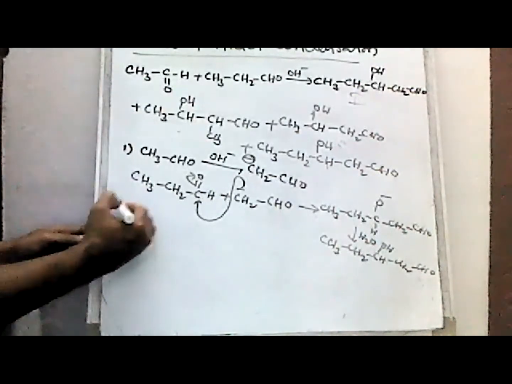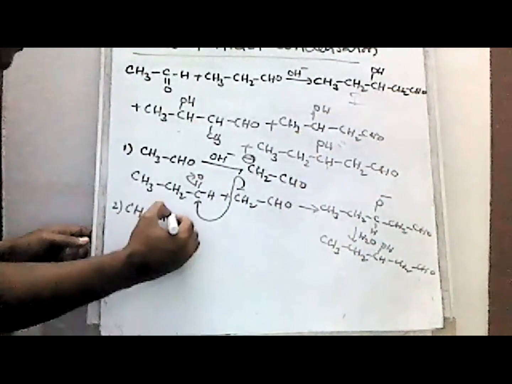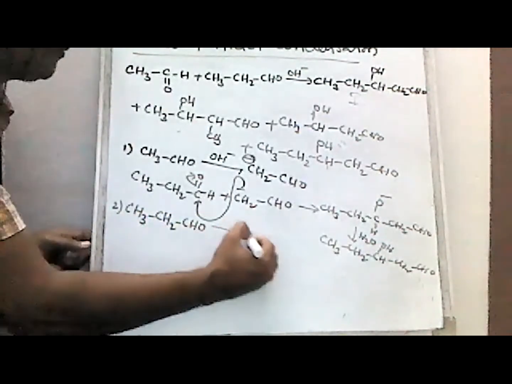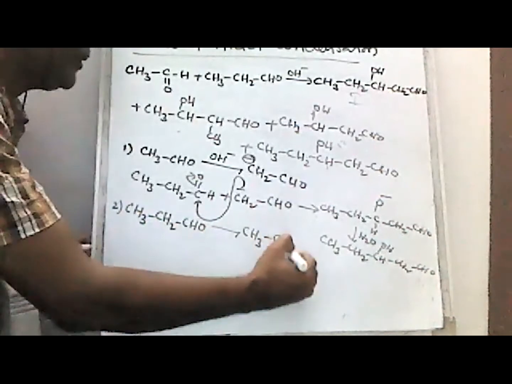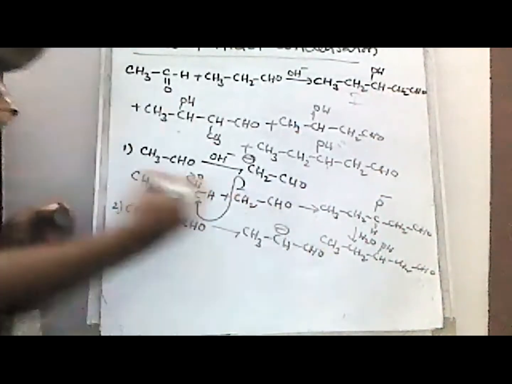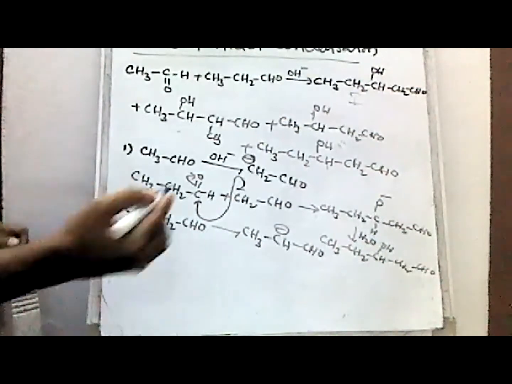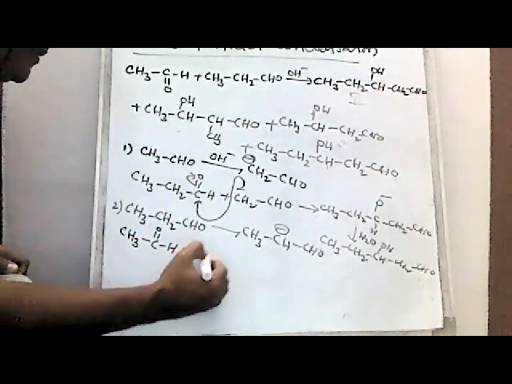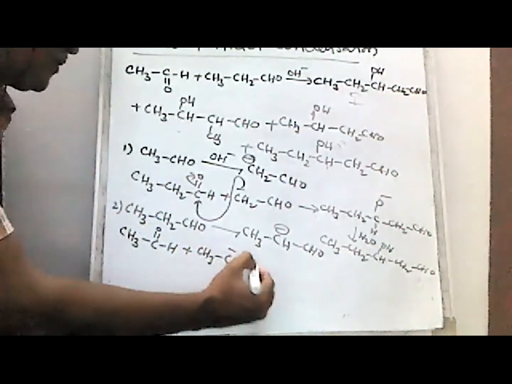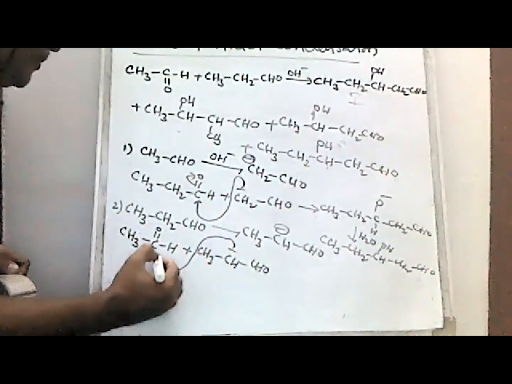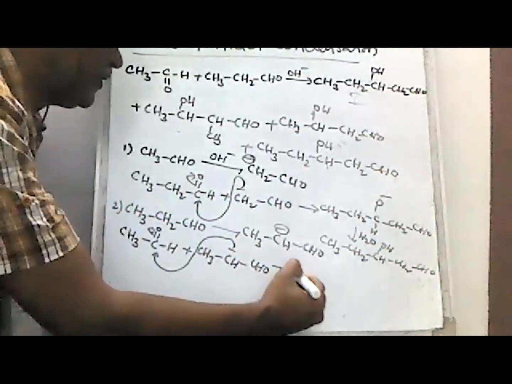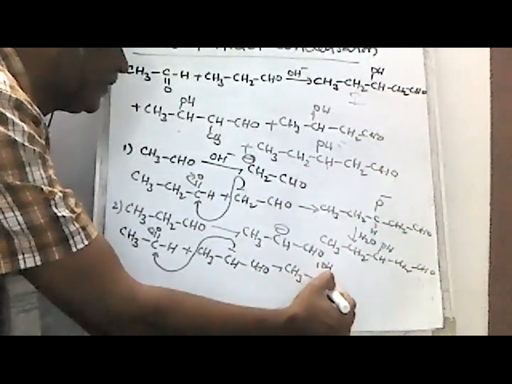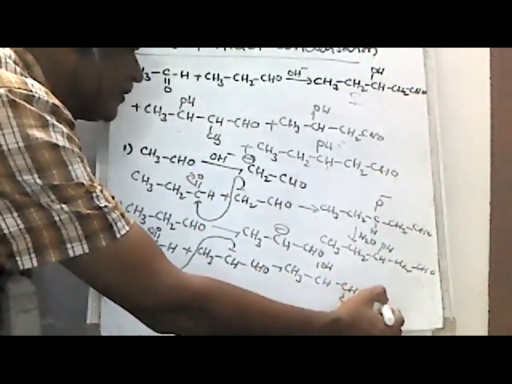Now, the second product: propanal forms the carbanion. What is the alpha hydrogen? This is the alpha hydrogen. Propanal forms a carbanion and attacks the ethanal.